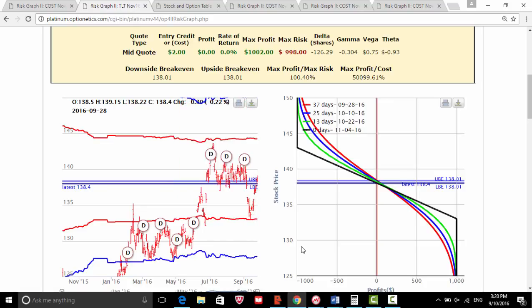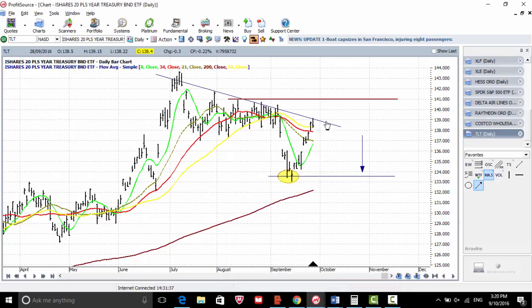It could retest those levels, and that's why I want to stay in this position. If it does that, I don't want to put a position on where I lose that 50% because the stock only moves up a little bit. I don't want to have to take the position off if the stock just goes above 139, for example, and I have to take it off because the position is losing that 50% of the entry. I don't want to be forced to do that because the bonds could then go back down.